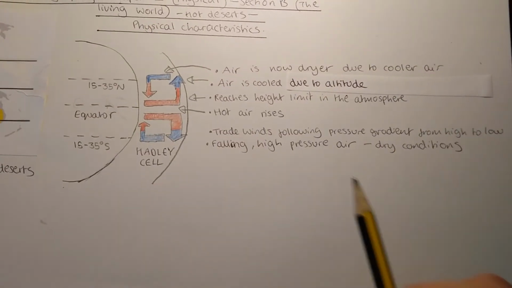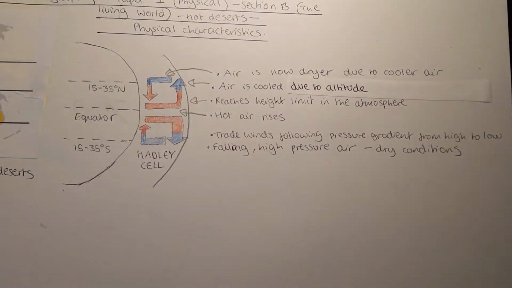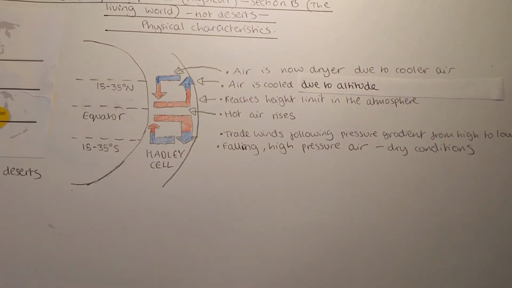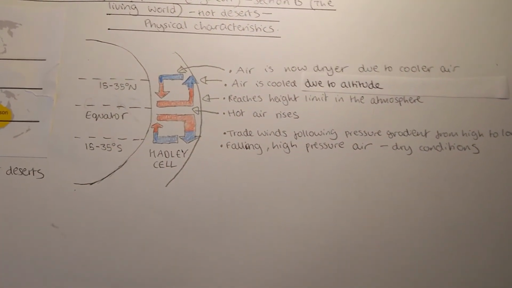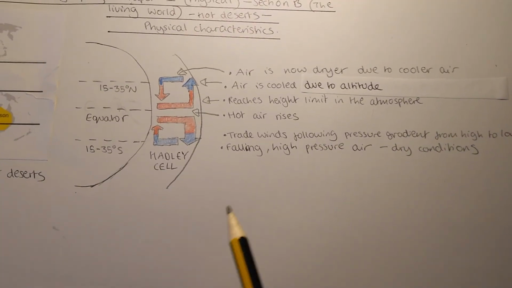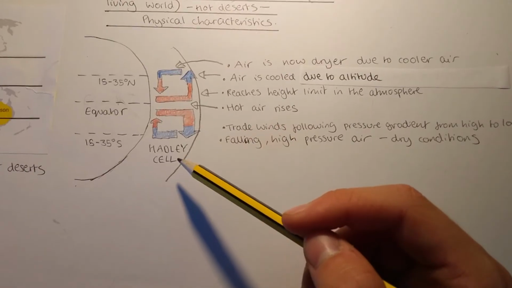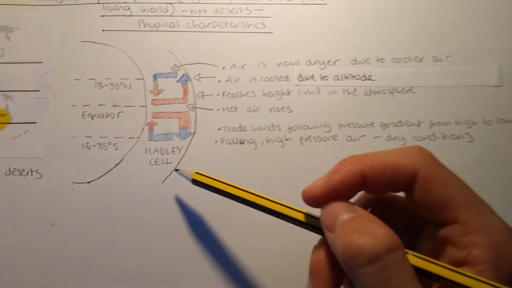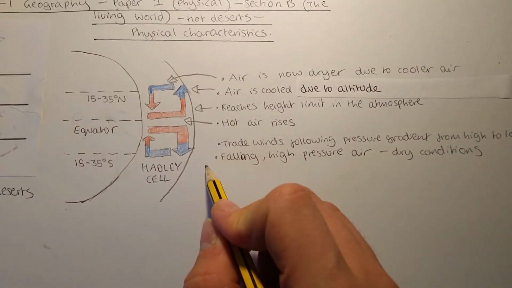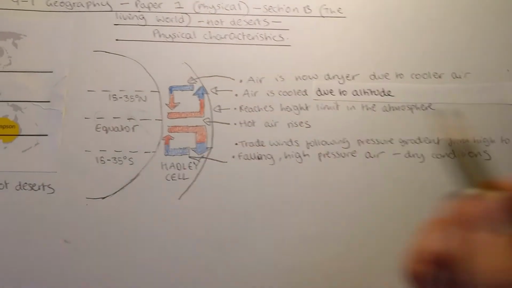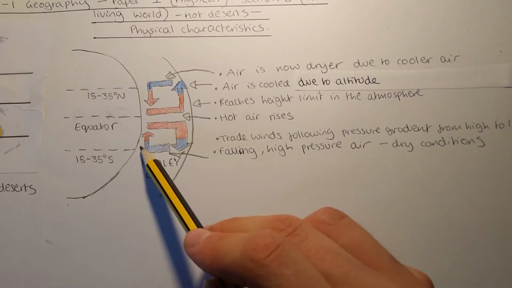This high pressure air also contains little condensation, so clear skies will be located around where these deserts are, and the less condensation in the air leads to few clouds, and few clouds mean the air is drier once again because of the less precipitation. So we mark that on here, leading to dry conditions here.